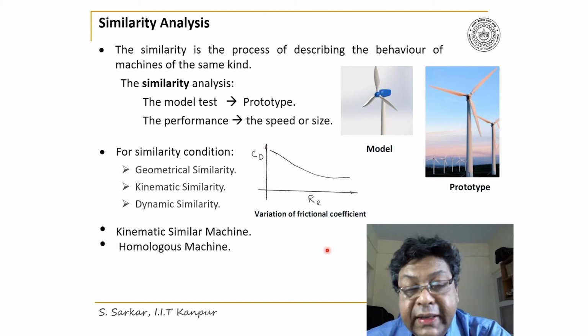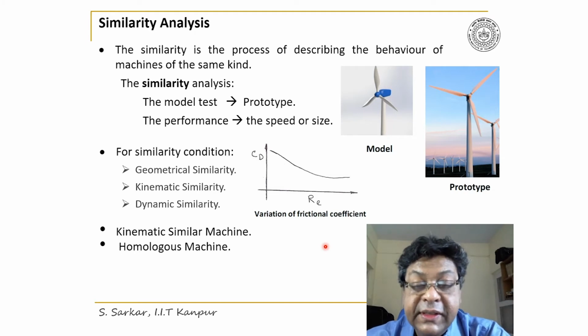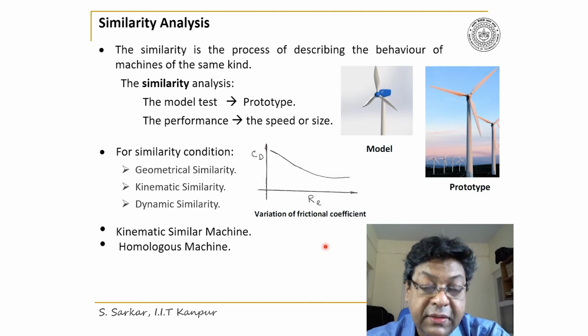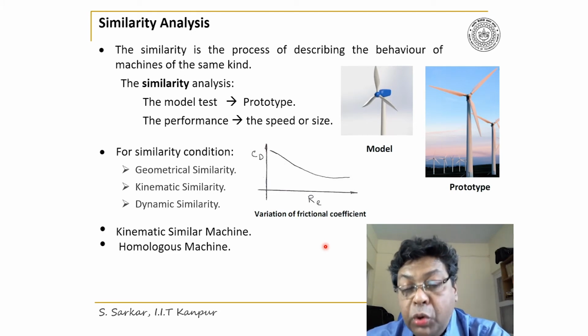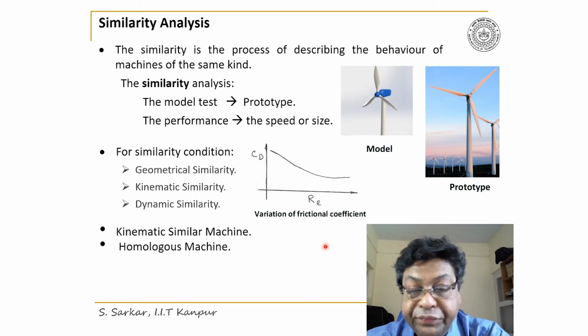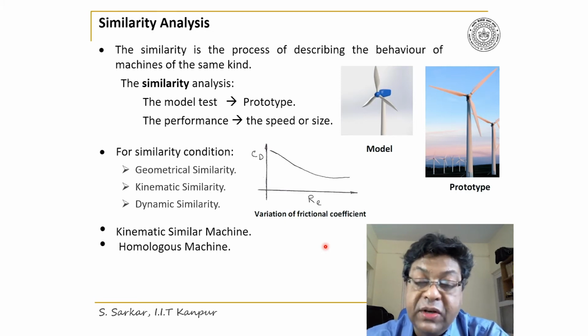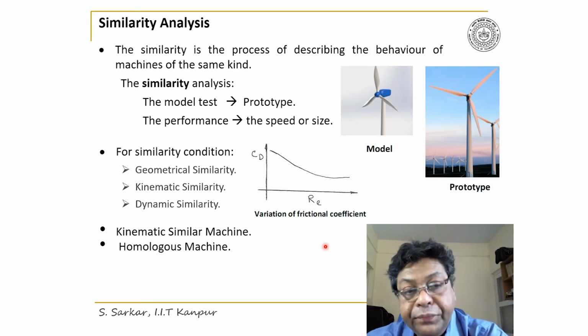One can easily appreciate that frictional characteristics depend on Reynolds number. The Reynolds number being the same means the frictional characteristics of both machines are the same. Thus, for true similarity, dynamic similarity has to be satisfied.